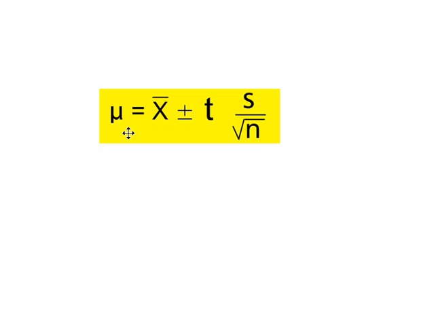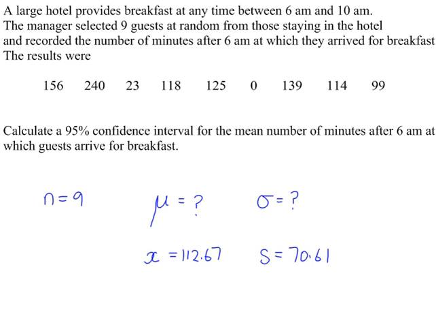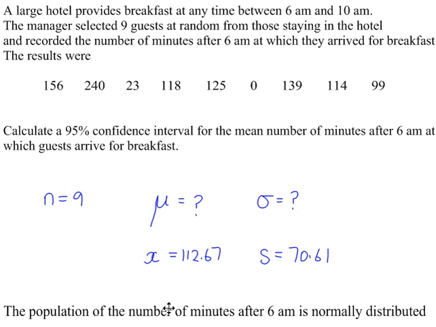To calculate the confidence interval for the population mean, we're going to use the t distribution. One of the conditions for the t distribution is that the population must be normally distributed.